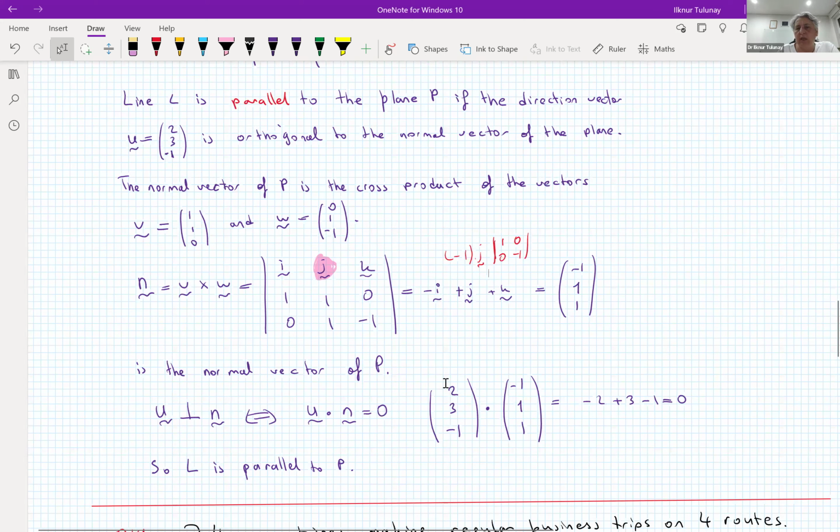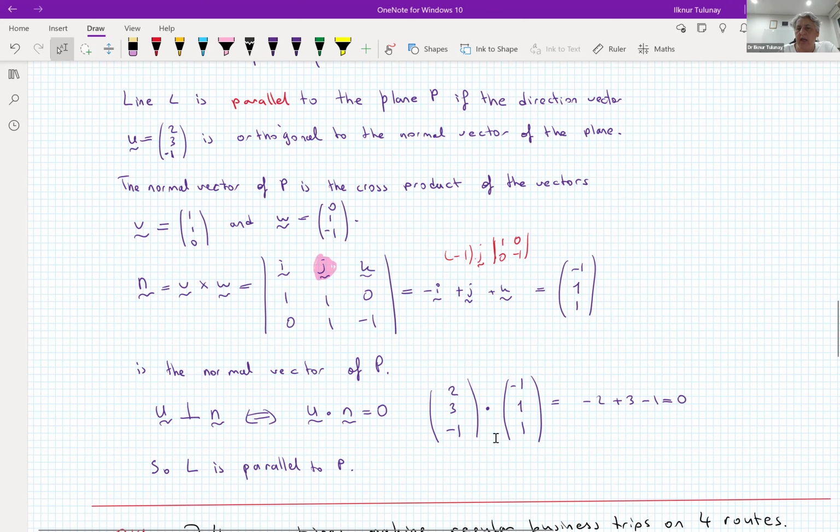The only thing we need to do now is take the directional vector of the line L and the normal vector of the plane and compute their dot product. If we get 0, that means the two vectors are perpendicular, which is our definition, and that would prove what we want to prove.